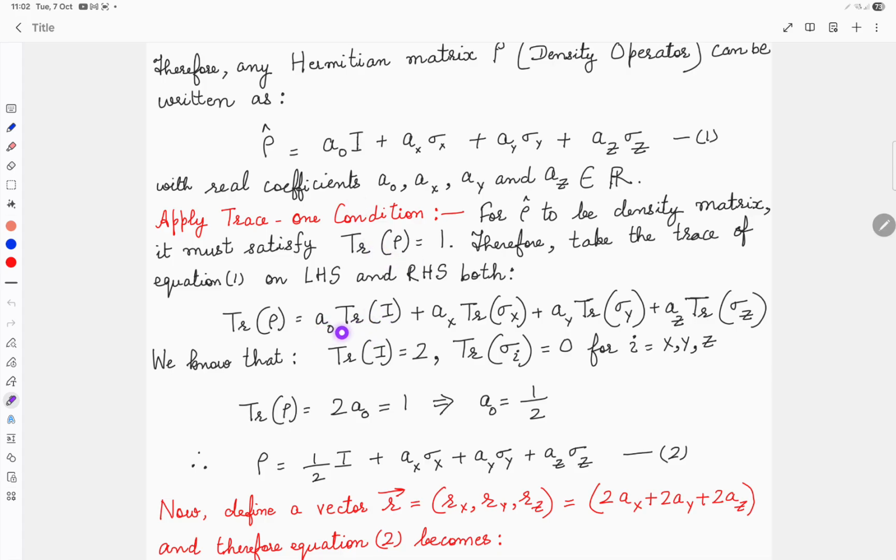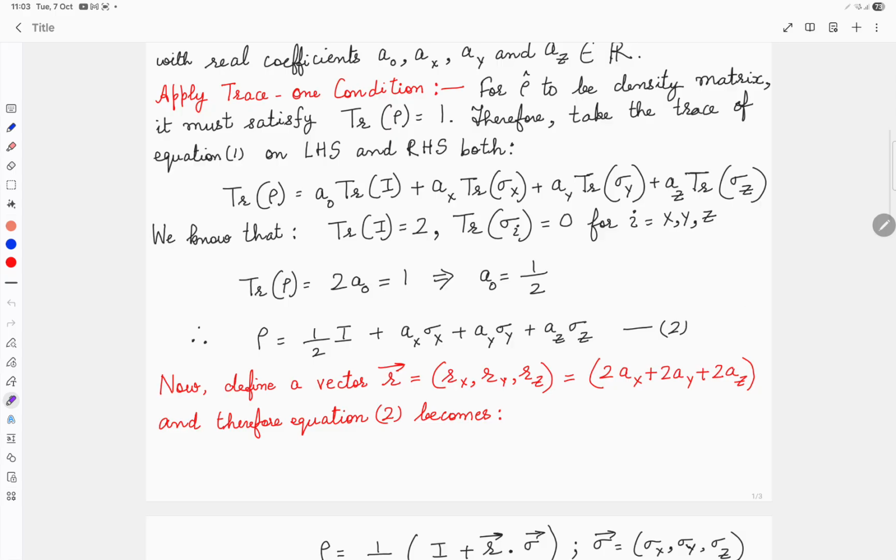So we get 2a naught, and all other terms will be 0. And we say that if the operator is the density operator, the trace of rho will be equal to 1. In that case, we get the value of a naught from here, and a naught will be equal to 1/2. Let us substitute the value of a naught in equation number 1.